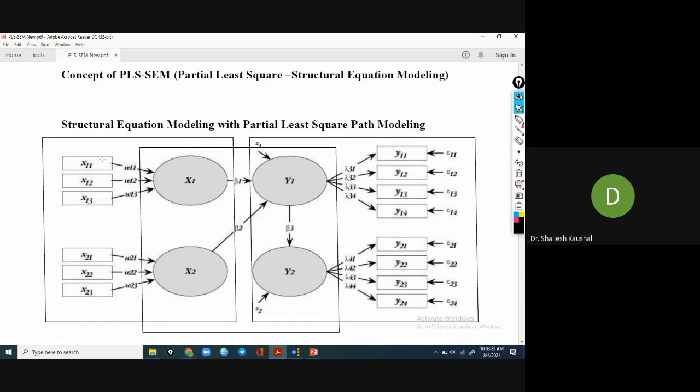If independent variables are forming the construct, then it is a formative measurement model. If the independent variables are a reflection of the construct, then it is a reflective measurement model. So the arrow decides whether my model is a formative or reflective measurement model.